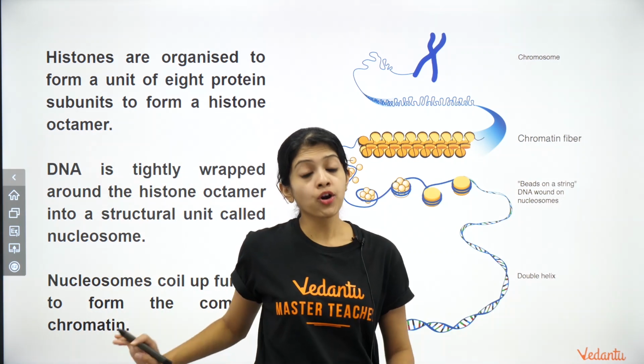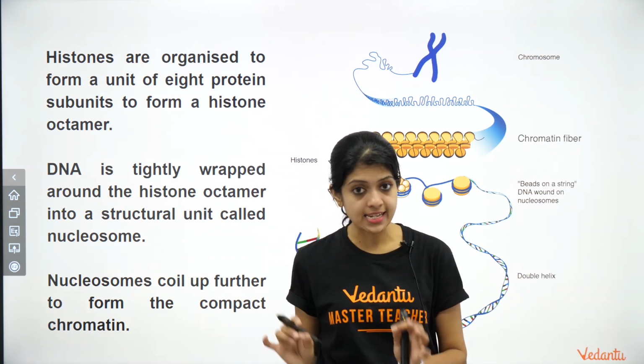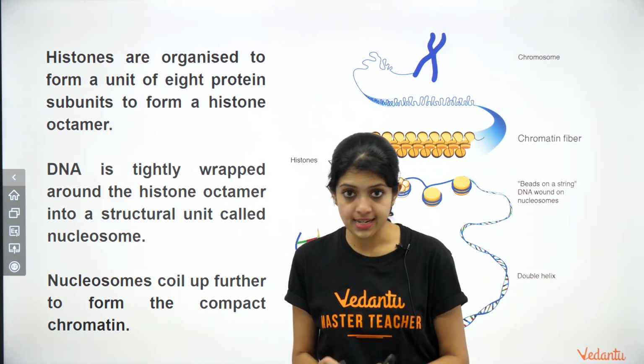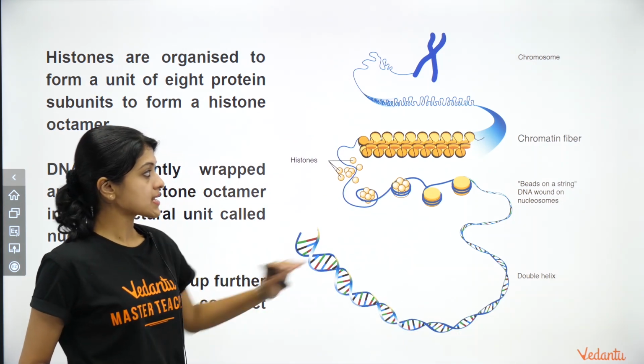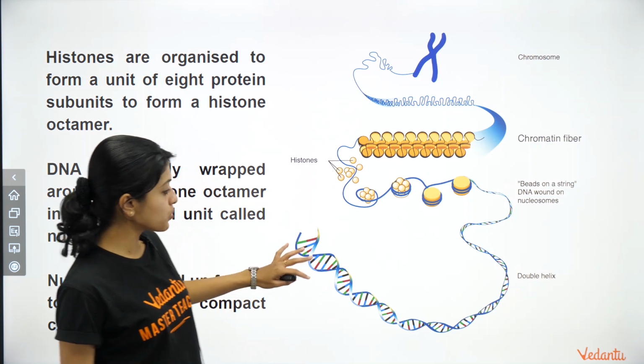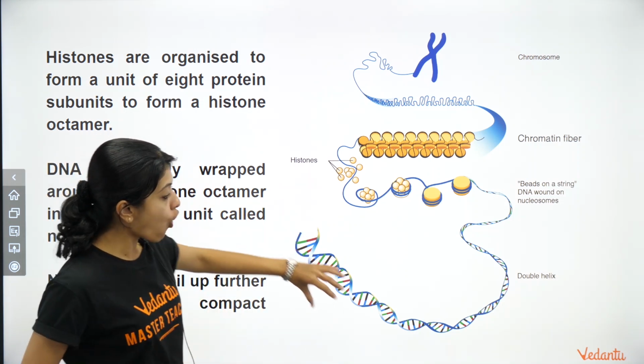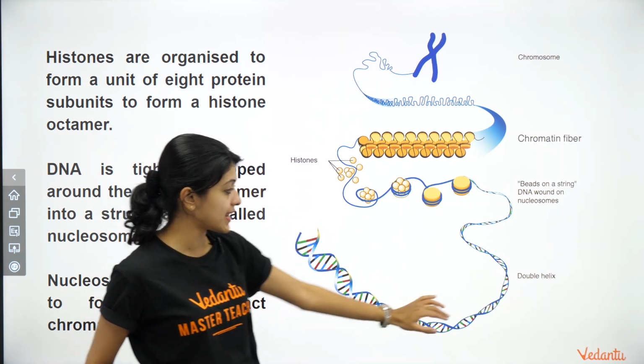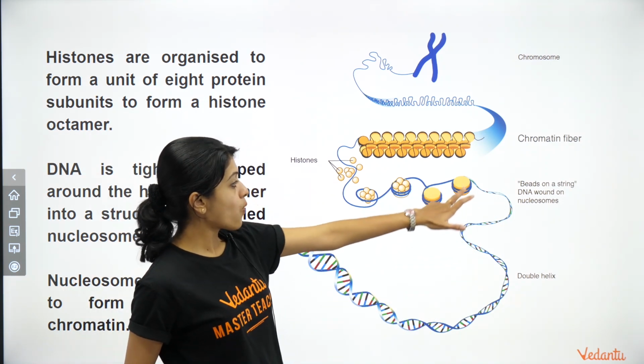Okay, so I hope it's very clear. Keep in mind these terms: histones, nucleosome and chromatin, and keep in mind this picture, right? As you can see, it is the long DNA helical structure, as you would call it, the long DNA strand that is wound around.